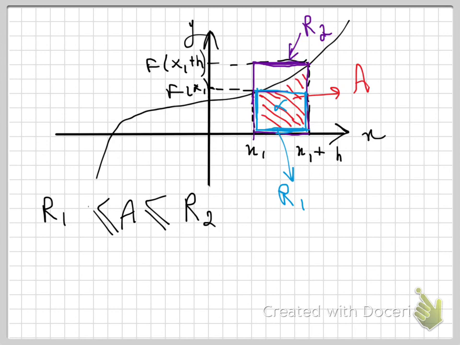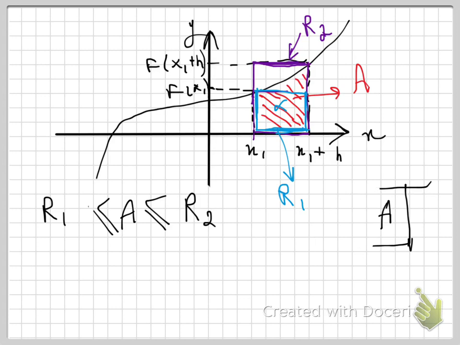For example, if the curve is like this one, in this case the area of the shaded region A is the same as the rectangle. So we can write or equal.